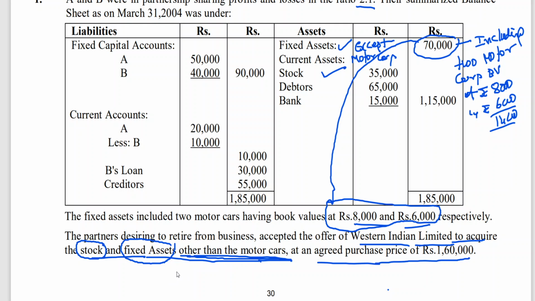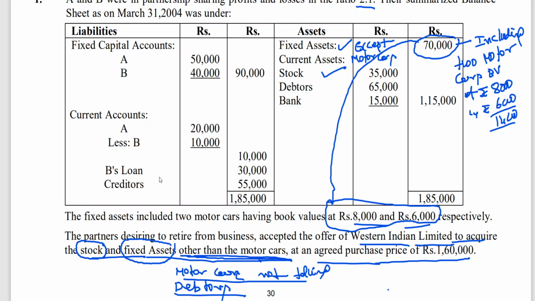Now what are the assets they are not taking? Motor cars they are not taking. They are not taking debtors. Now these 2 things have to be either sold by the partnership firm or taken by the partners.